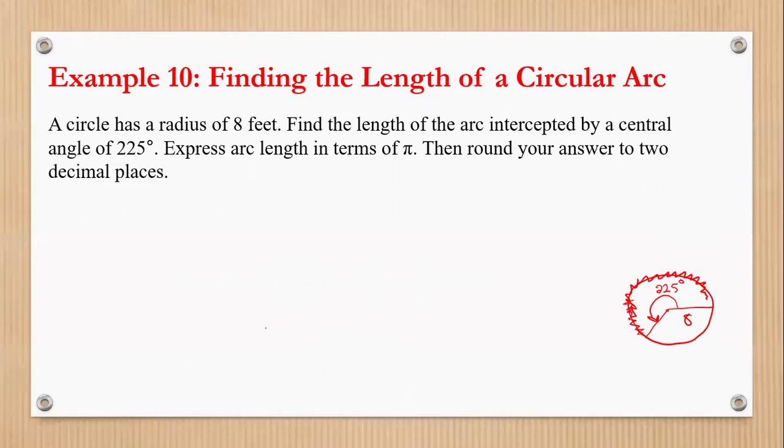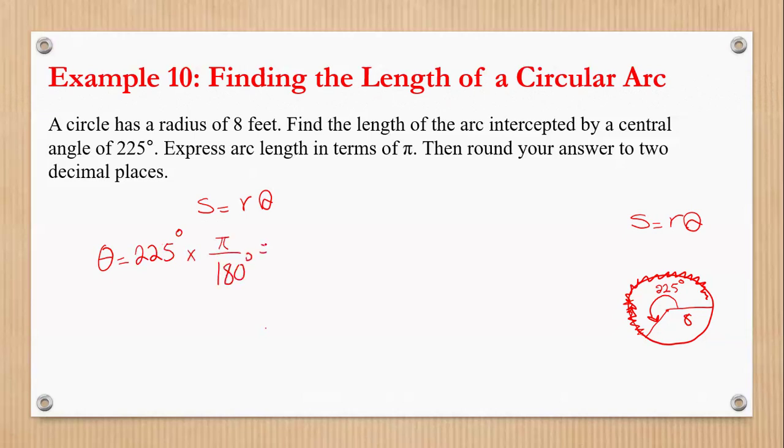Okay. How do we find the arc length? S equals R theta. But theta must be in radian. So we need to convert 225 to radian first. So S is equal to R theta, but theta is in degree, so it must be converted into radian by multiplying by pi over 180.